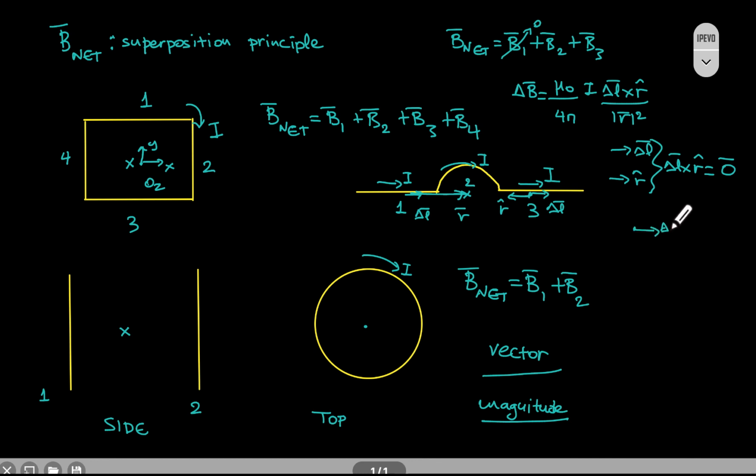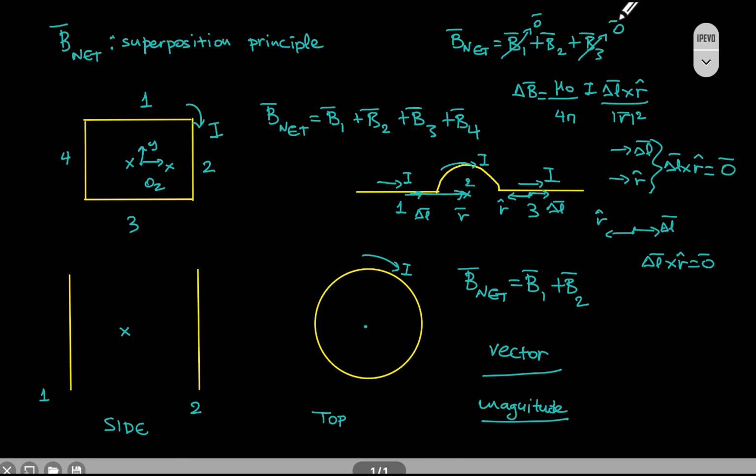When your delta L goes to the right and your R hat goes to the left, you got an angle of 180, and we know the sine of 180 degrees is also 0, which means delta L cross R hat gives you 0. Similar reason, a 0 here will give you 0 B. This means this straight wire creates no magnetic field at that observation location. That means B3 is 0.